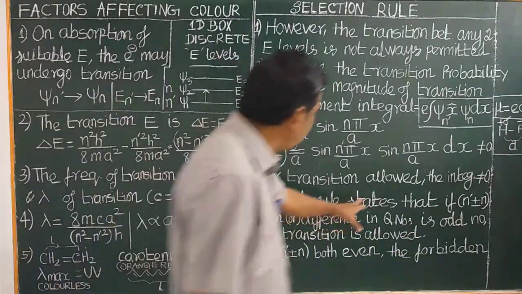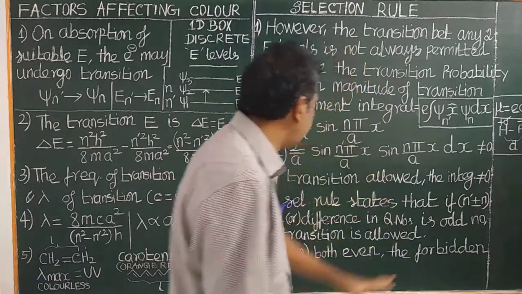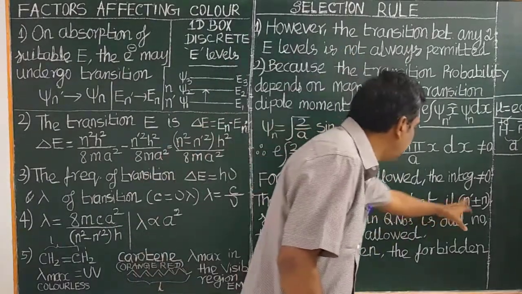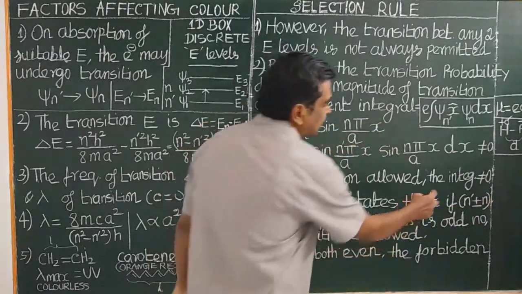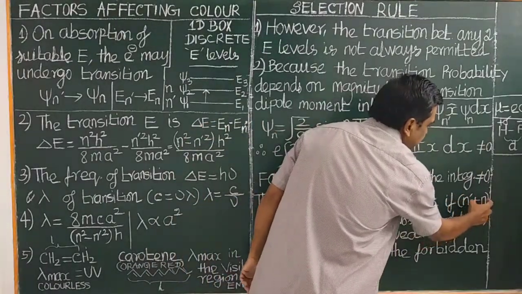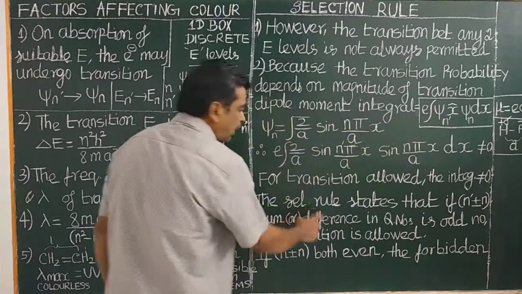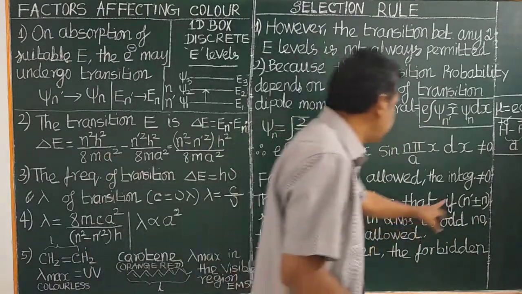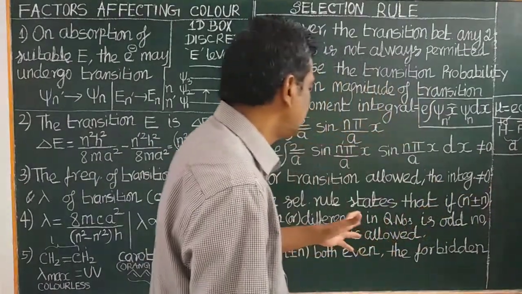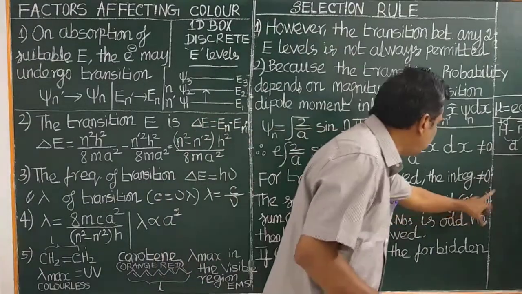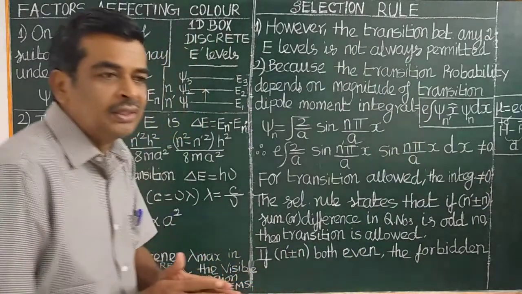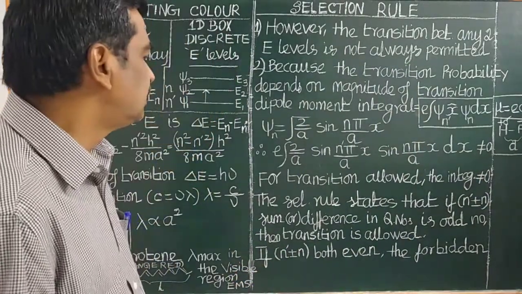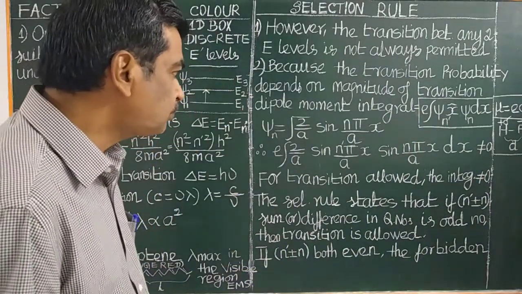The selection rule for the one-dimensional box states that if the sum or difference in quantum numbers, n prime and n, which are quantum numbers, is an odd number, then the transition is allowed.